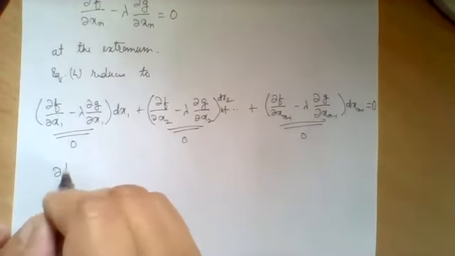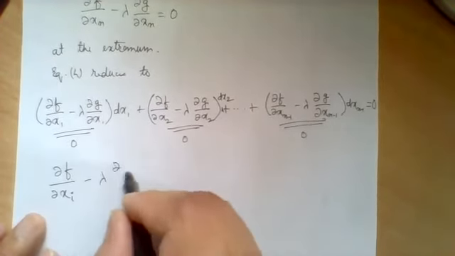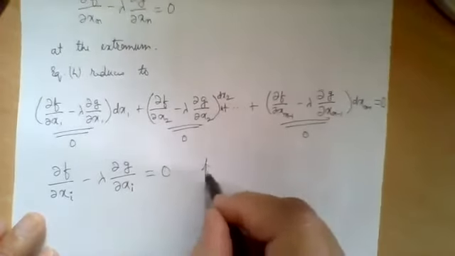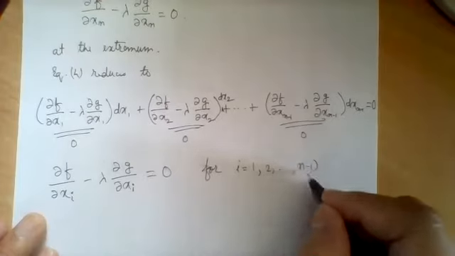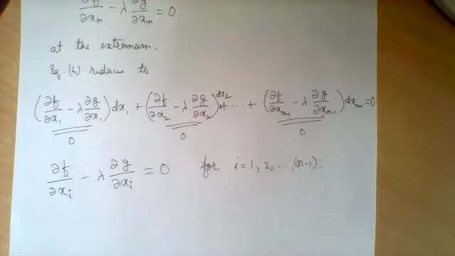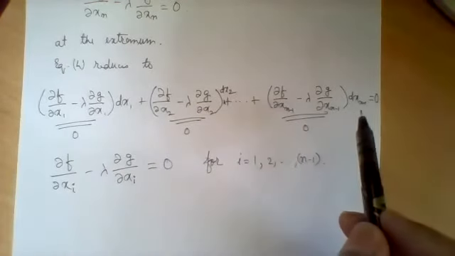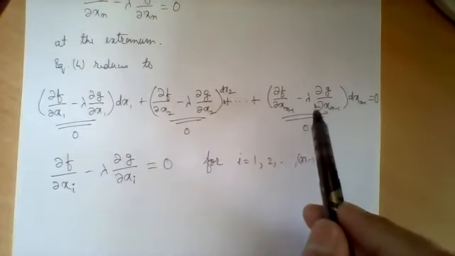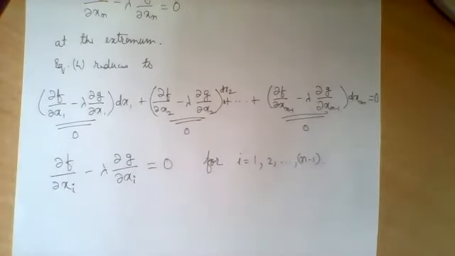That means del f by del x i minus lambda del g by del x i equal to 0 for i from 1 to n minus 1, because all these dx1, dx2 till dx n minus 1 are independent, and therefore all their coefficients should be 0.